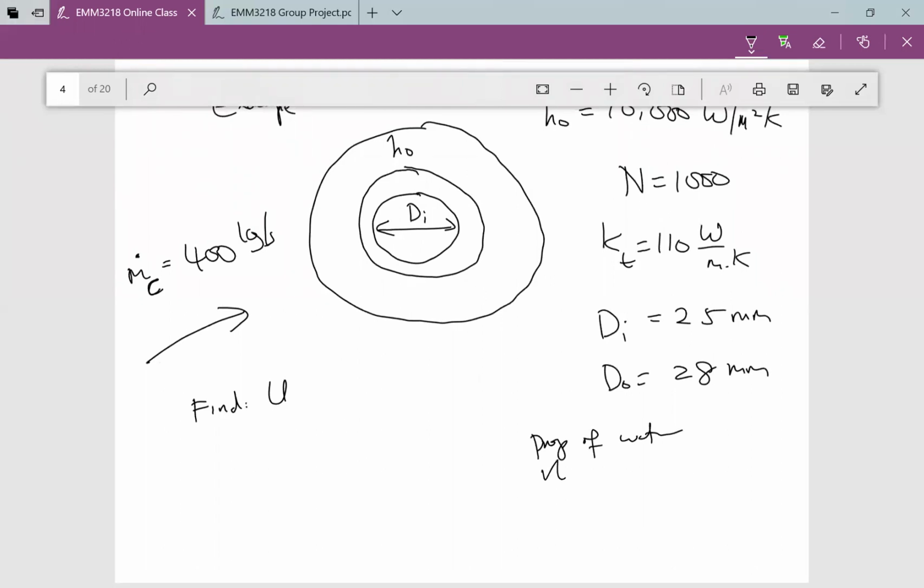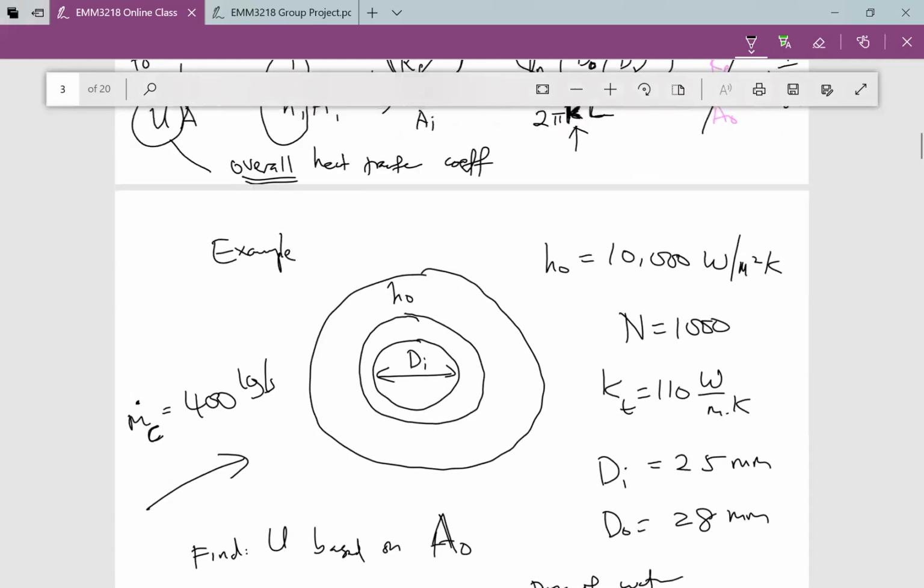You have mu, and then K and Prandtl number. So find U based on the outer surface area of the tube, meaning you want to get it based on A outer, AO.